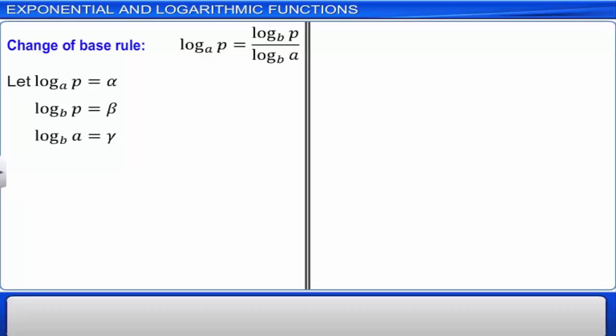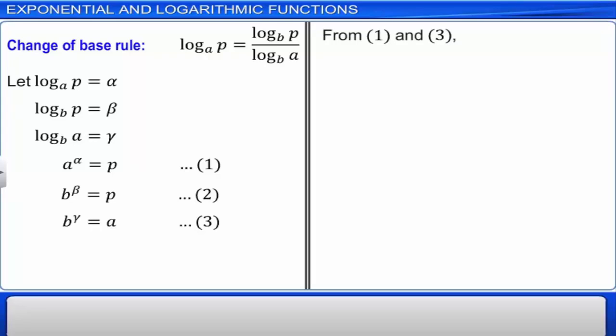This implies that a raised to the power alpha is equal to p, b raised to the power beta is equal to p, and b raised to the power gamma is equal to a. From equations 1 and 3, we get p is equal to b raised to the power gamma into alpha.